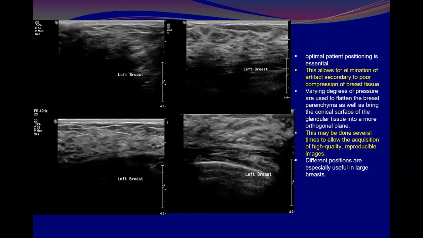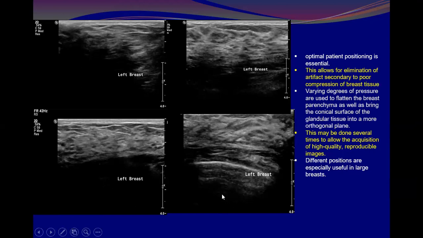And sometimes you might also need just to add more pressure. By optimizing the positions, remember that the breast will be thinned and the angle of the probe will be optimized, so you can see the whole breast well from the skin to the back of the chest.